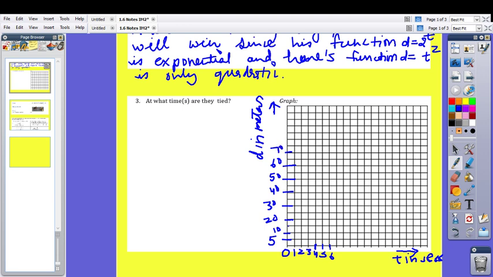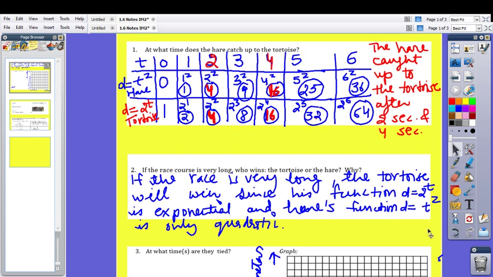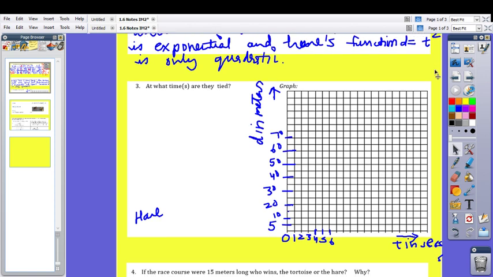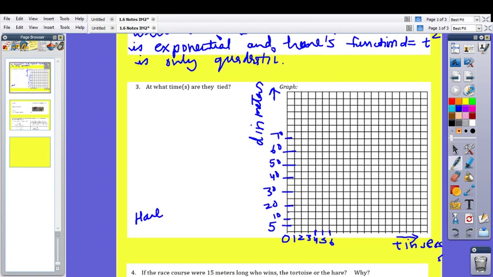Let's draw the hare first. Let's put hare in blue, and tortoise we will put maybe red. Now all I'm doing is using these table values. When t is 0, here is 0, t is 1, here is 1, t is 2, here is 4, and then I'll be doing the same thing for the tortoise. So when t is 0, this is 0, so I'm right here for the hare.